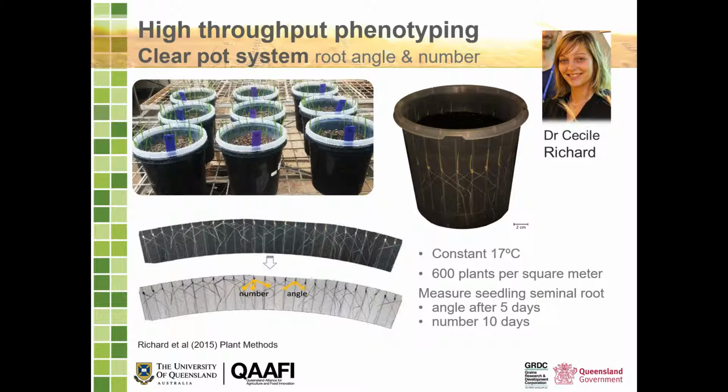They are then photographed, and we can measure root angle after only 5 days, root number after only 10 days at 17 degrees, and we can have 600 plants per square metre, so we can get quite high throughput with this phenotyping system. And Cecile used it to see if she could use actual phenotype to shift the root angle of these plants.